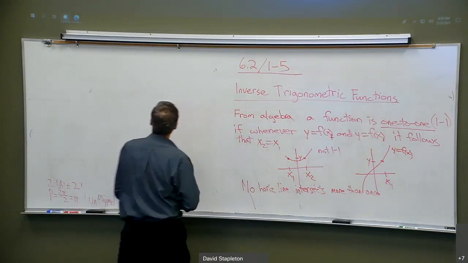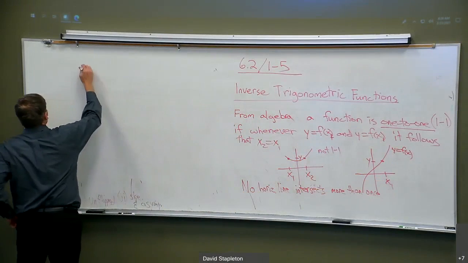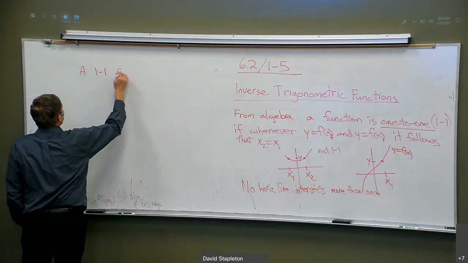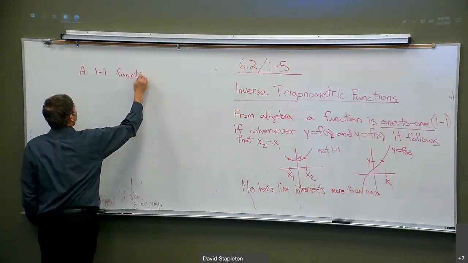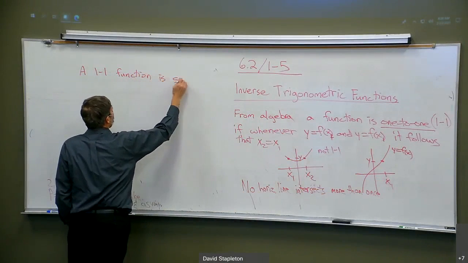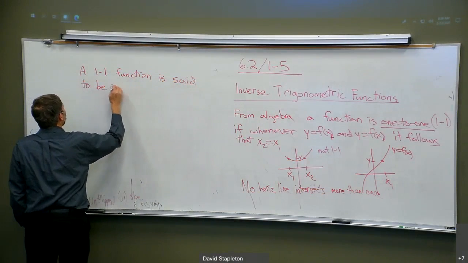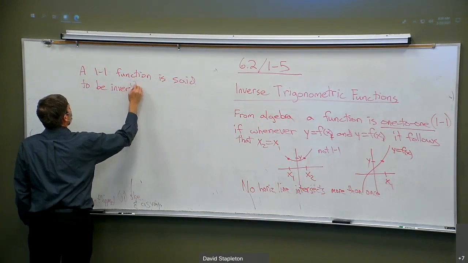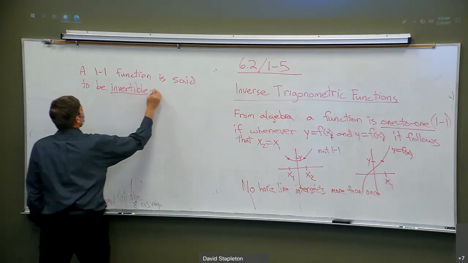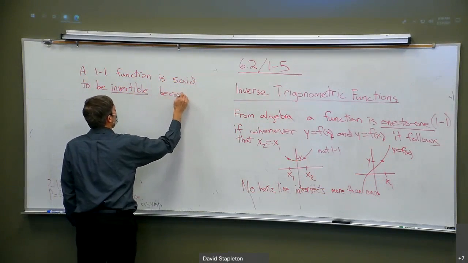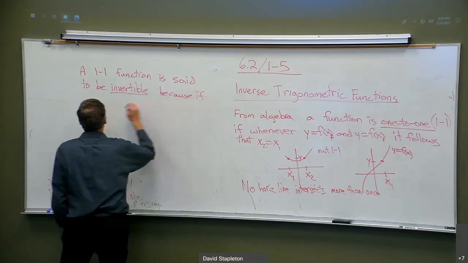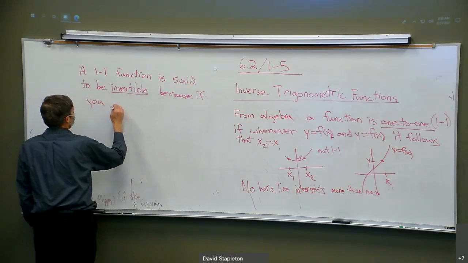So that's the idea. A 1-to-1 function is invertible, because if you give me y, I can tell you what x was.